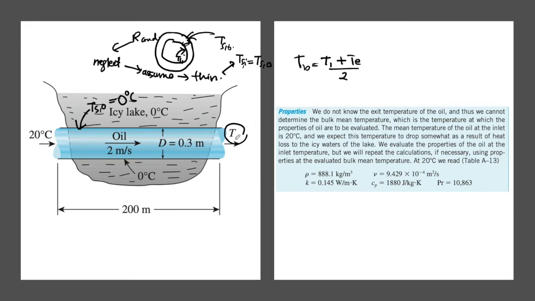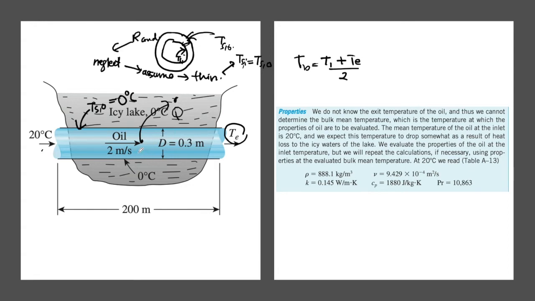The exit might be higher than T inlet, or maybe lower than T inlet. In this case, T exit will be lower than 20 degrees Celsius. Why? Because T inlet is 20 degrees Celsius and the ice lake is at 0 degrees Celsius. From here, we can conclude that the heat will be transferred from oil to lake.